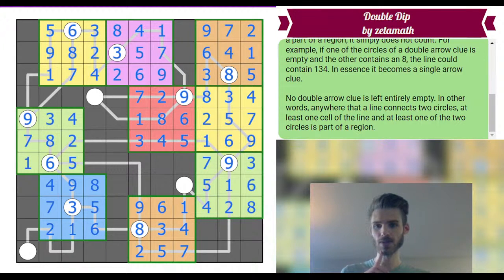Let's go into Sudoku recommendations and yeah, let's try.